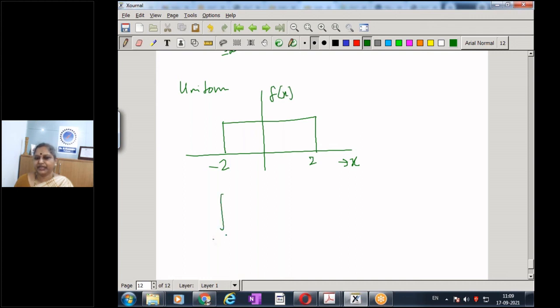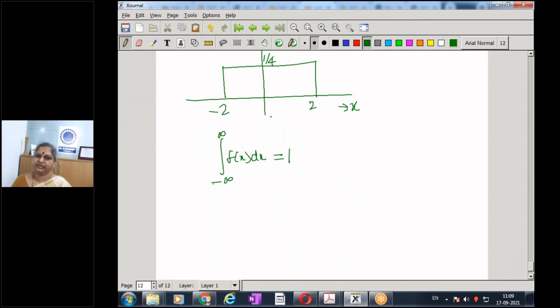I need the integral of f of x dx from minus infinity to infinity to be 1. Can you tell me what the magnitude should be? Very good. The magnitude will be 1 by 4, because it's a probability distribution function.